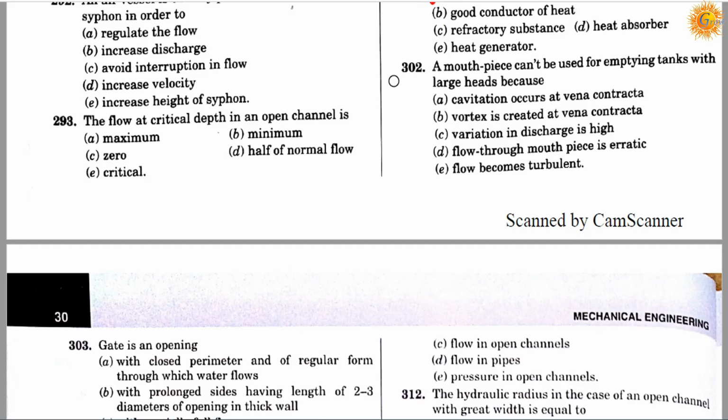Question number 302. A mouthpiece can't be used for emptying tanks with large heads because: option A, cavitation occurs at vena contracta; option B, vortex is created at vena contracta; option C, variation in discharge is high; option D, flow through mouthpiece is erratic; option E, flow becomes turbulent.